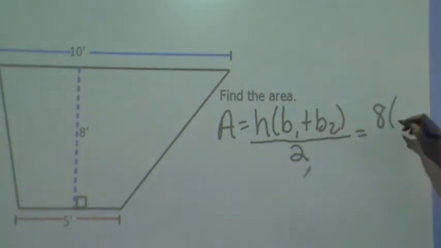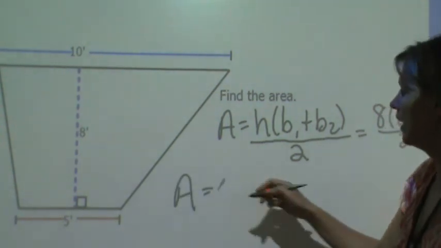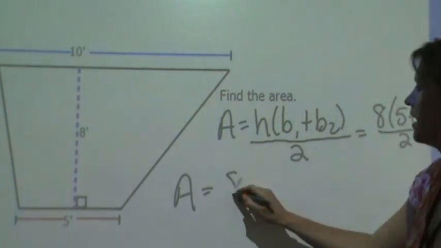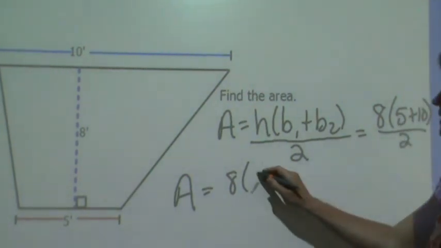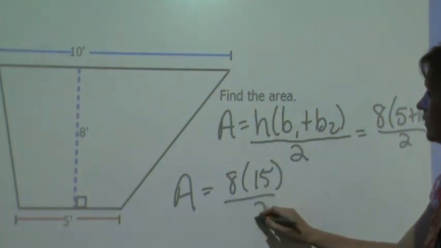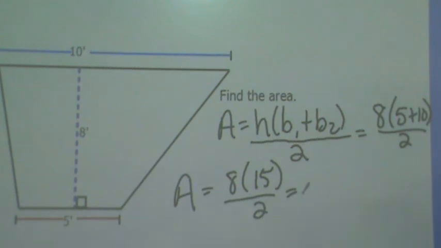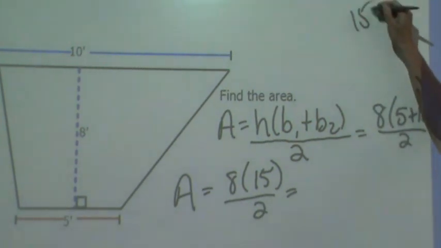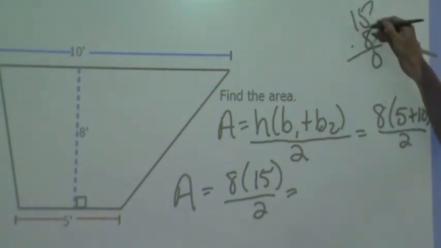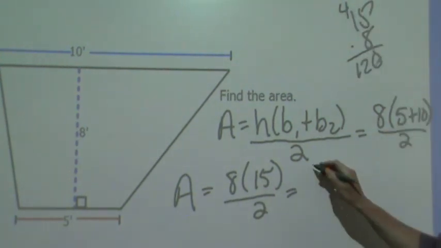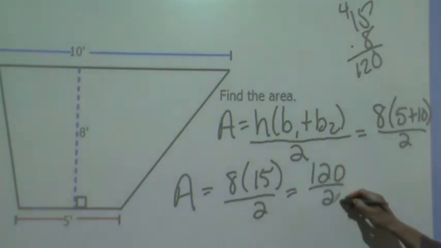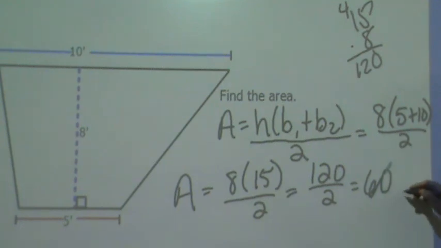My B1 and B2 are 5 and 10. And then I'm going to divide the whole thing by 2. Okay, order of operations, you could do the 8 and then do the 5 plus the 10, divided by 2, so 8 times 15. Okay, if you don't know it, we can just multiply it out on paper. It's 120. Divide by 2 is going to get me 60, and then we have feet squared as our label.